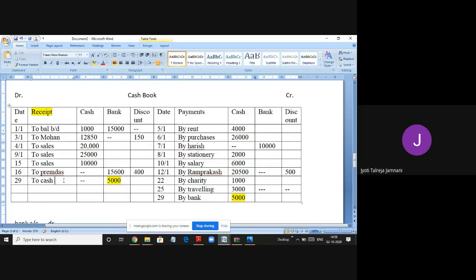Such kind of entries are called as contra entry. So we write a C in the bracket besides the entry that we have posted, so that it is understood that it's a contra entry and it will affect both the sides of the cash book. So any entry that affects both sides of the cash book with the same amount, we call it as a contra entry.